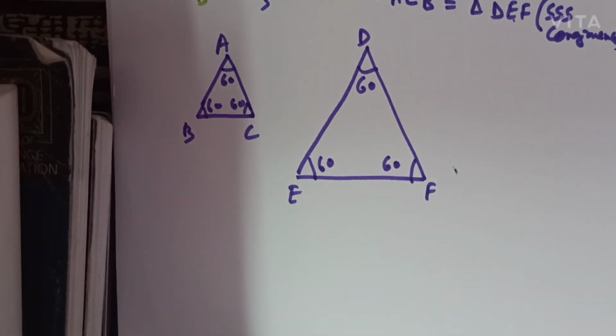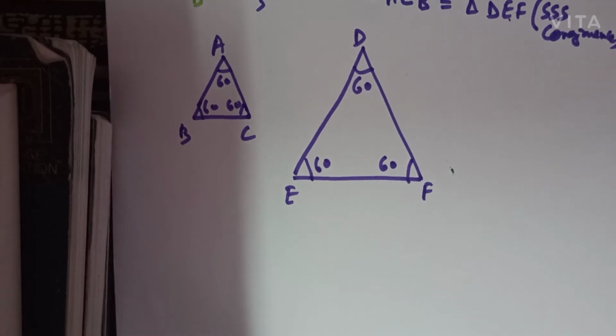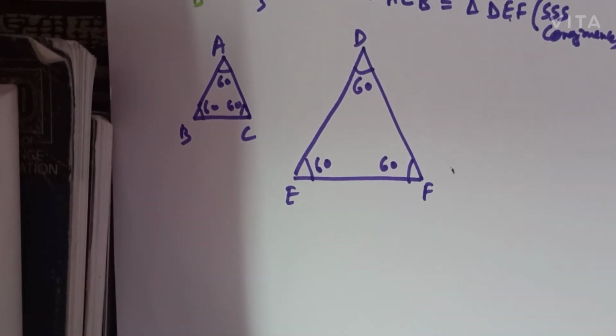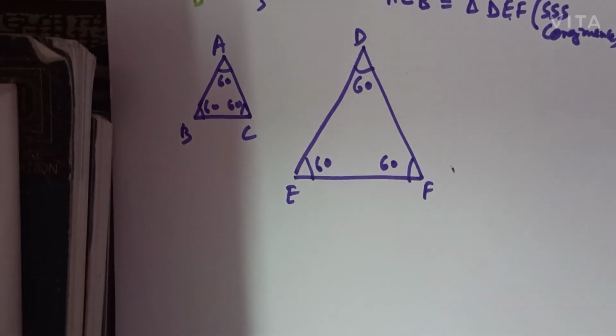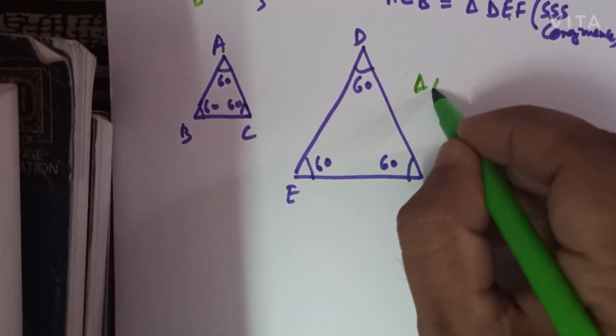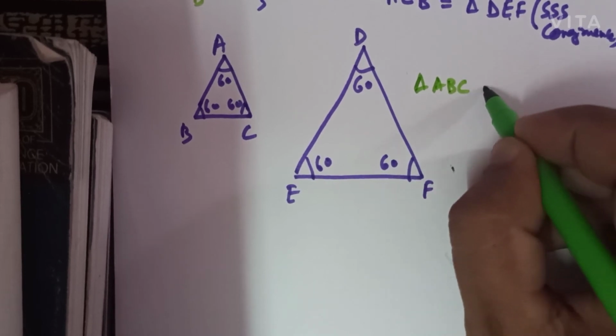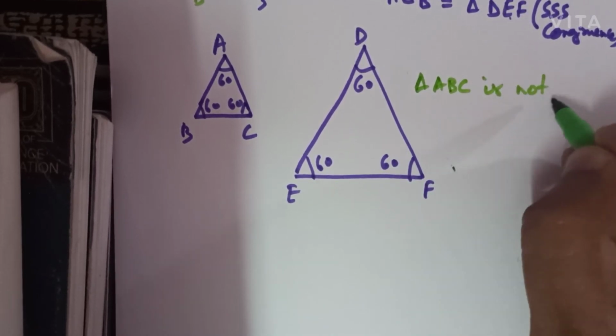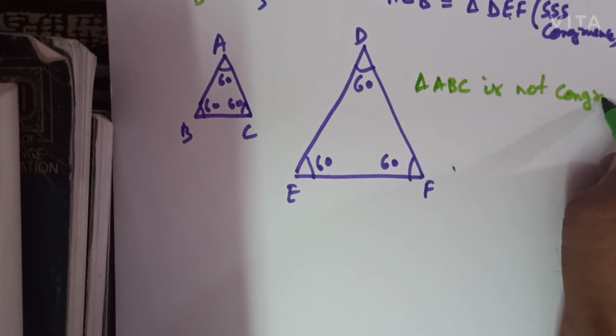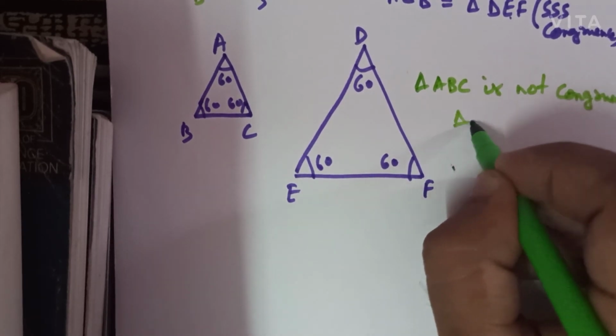But you can clearly see that triangle ABC is not congruent with triangle DEF.